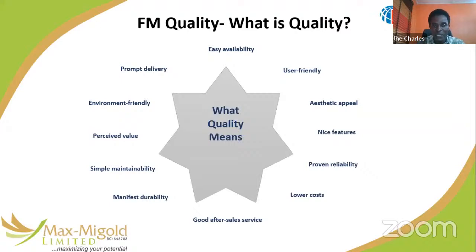Manifest durability. The facility that you are managing must be managed in such a way that you optimize the useful life of that facility. You can see some buildings in the UK and the West that are like 100 years old, but the buildings are still functioning very well.